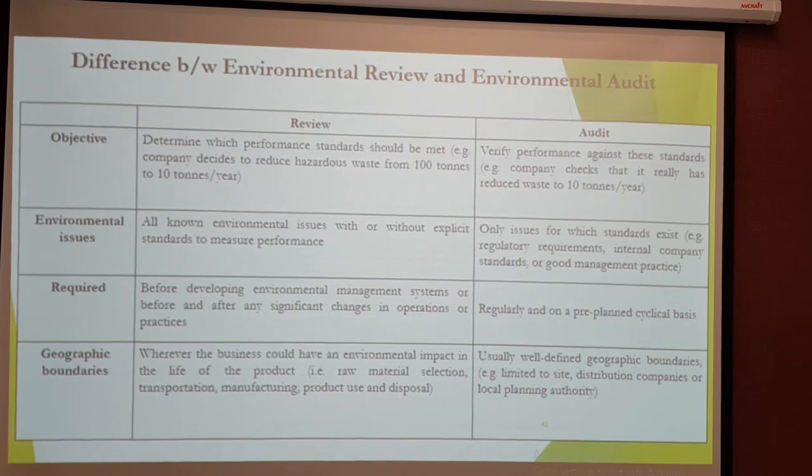In case of environmental review, on the basis of geographic boundary, whenever the business could have an environmental impact in the life of the product, like raw material, transportation, manufacturing, product use, disposal, that is the geographic boundary in environmental review. However, in case of environmental audit, we usually define a geographical boundary limited to the site, distribution to the company, a local planning authority, or simply any notified industrial area. So that is the environmental audit.